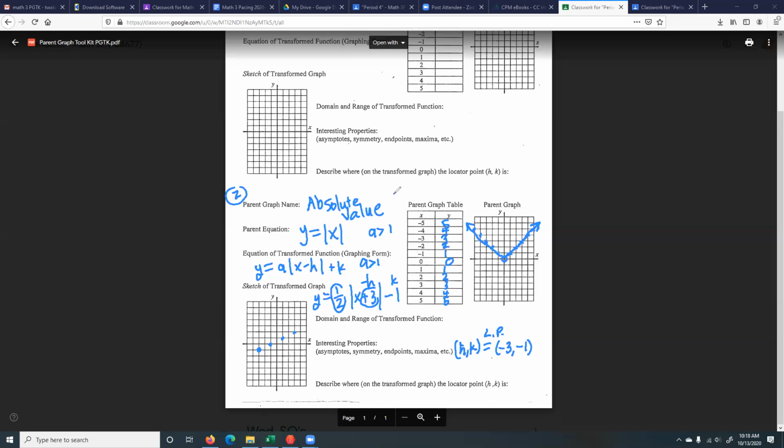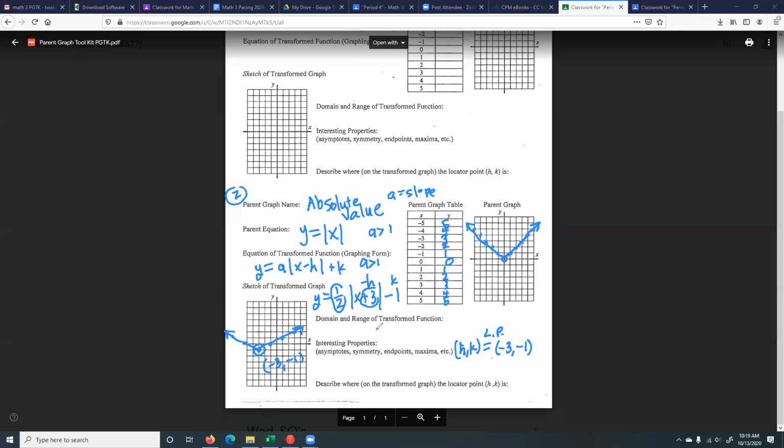You know, you could write that down. A equals the slope. If it's negative, then we'd have a negative slope. So this is my right side, and sorry, I should have made that an open circle right there. And let's label the locator point, negative 3, negative 1. And then so up 1 over 2, up 1 over 2. I kind of ran out of space here, but it's like that.